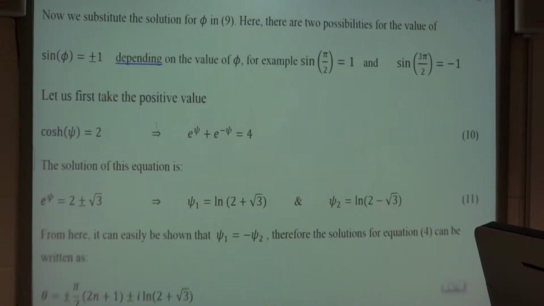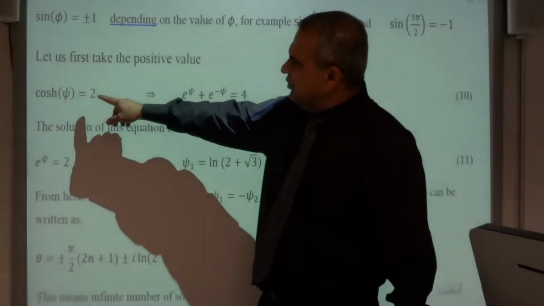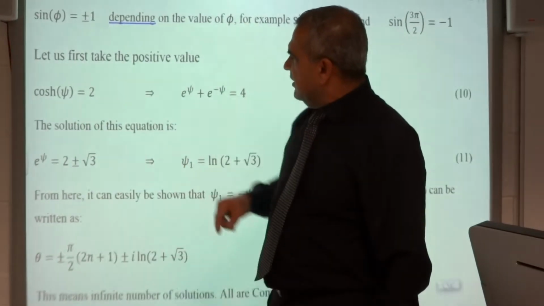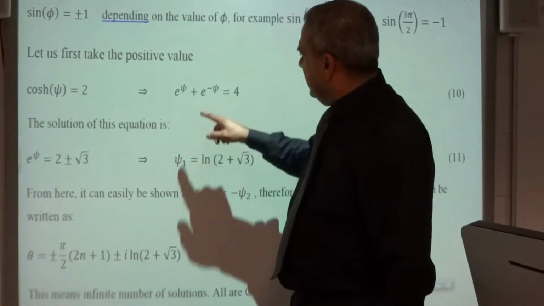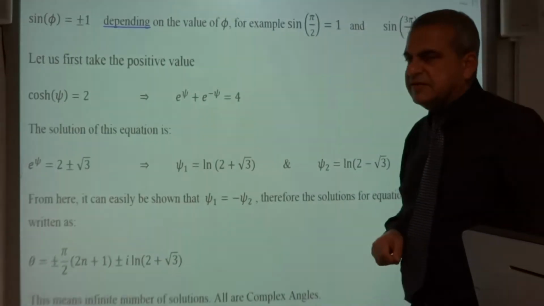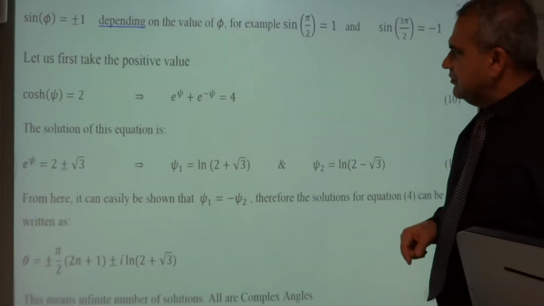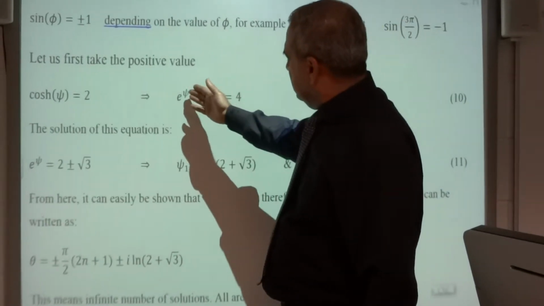Now, if you take the positive value, cosine hyperbolic of psi will become 2, and then you substitute the definition of cosine hyperbolic, which is e to the power psi plus e to the power minus psi, divided by 2, and now you solve this equation. Solving this equation is fairly easy.